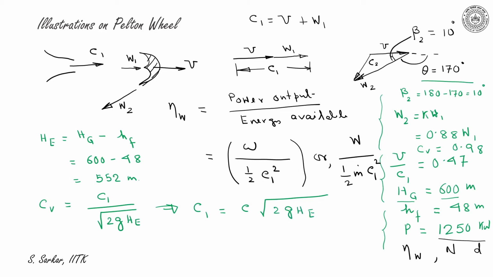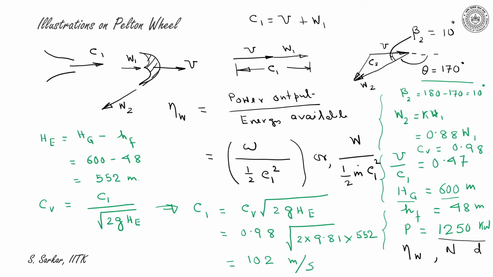I know the value of HE and I know the value of CV, which has been given as 0.98. Root over 2 into 9.81 into 552 meters. If you evaluate this, I have got C1 as 102 meters per second.